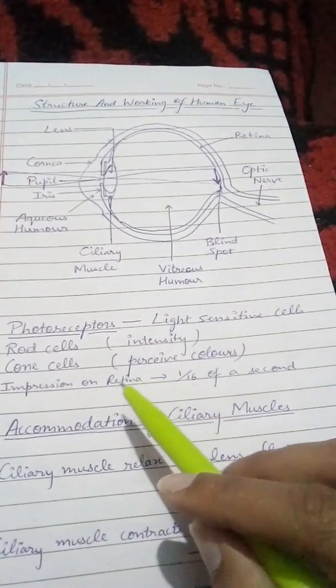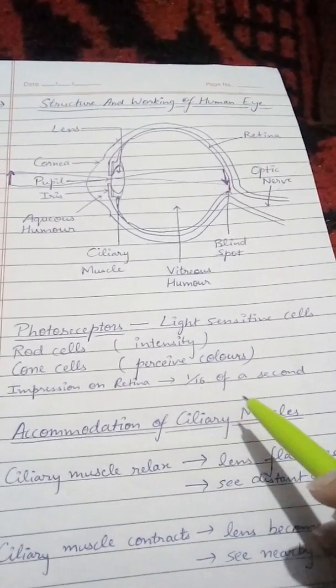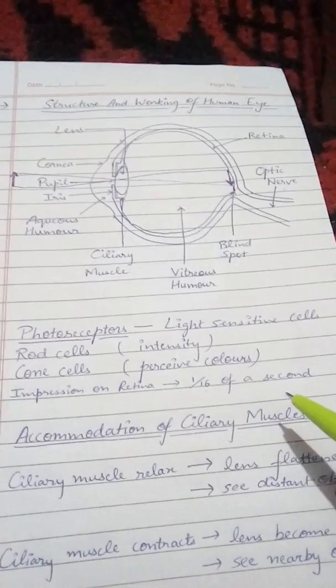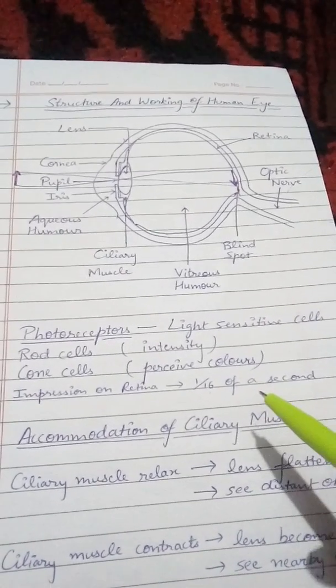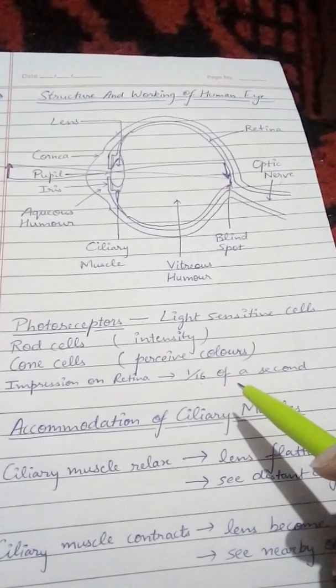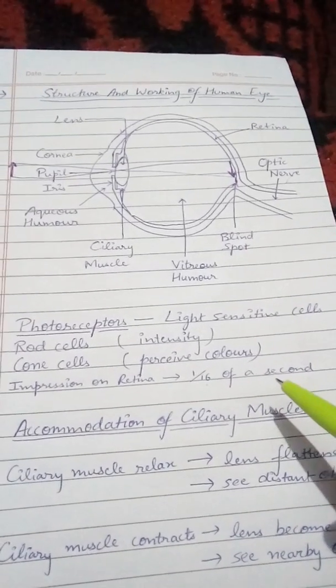The impression on the retina remains for 1/16th of a second, which is very small. Just because of that, we are able to see a movie. A movie is nothing but a series of images.